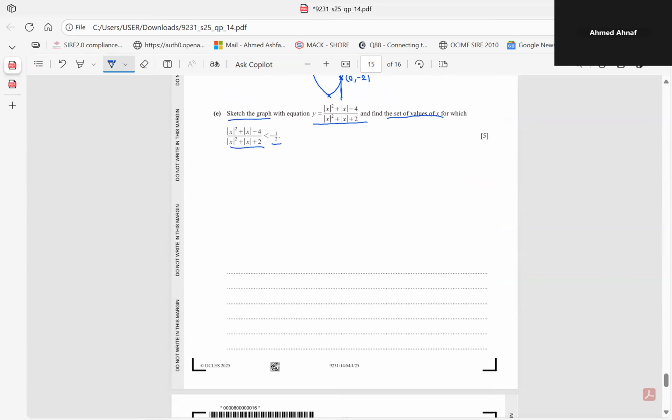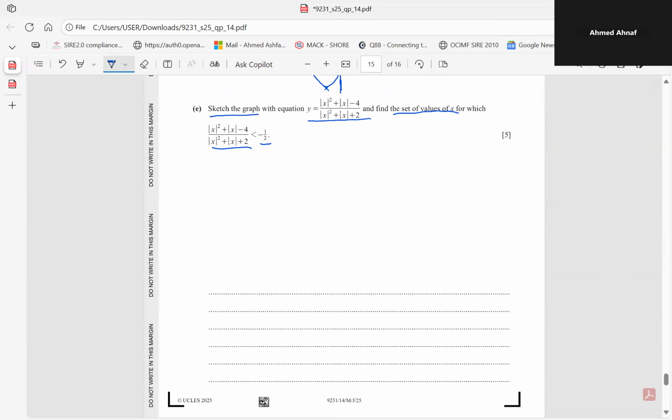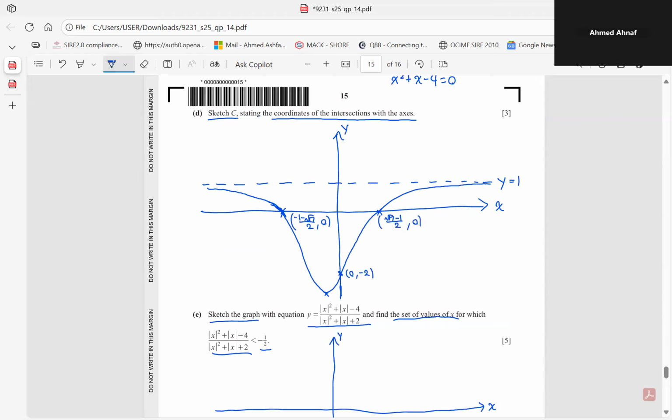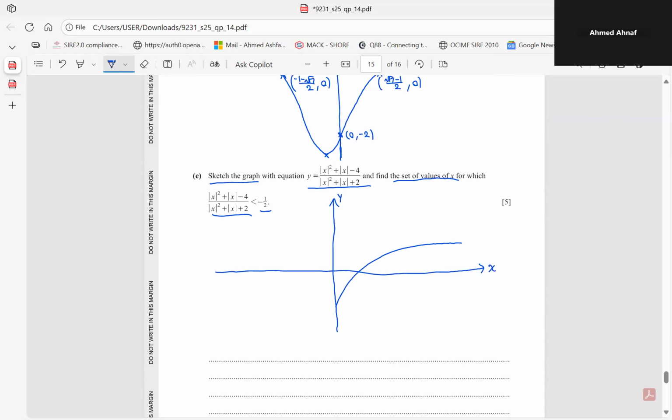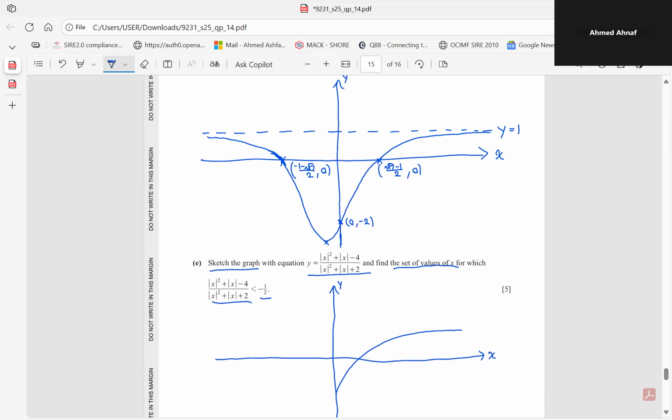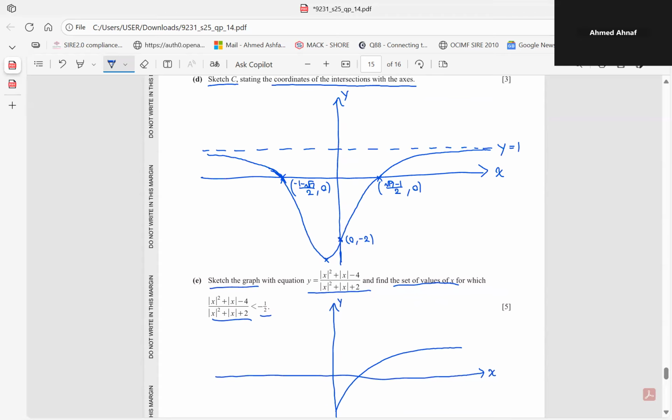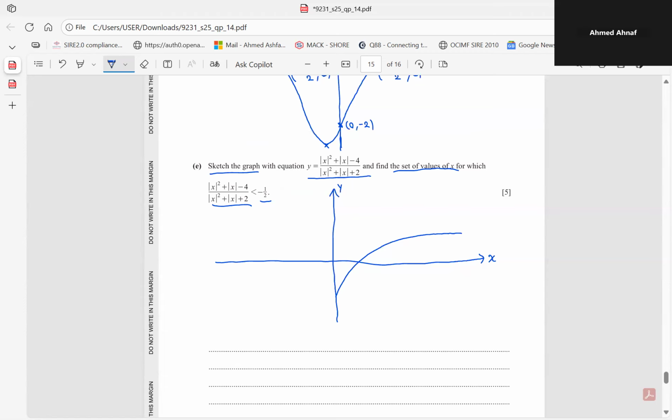So let's do that. This is y and x. We can just sketch roughly. It's like this. You're supposed to reflect this part towards the right-hand side of the y-axis, and then reflect it over to the left-hand side.